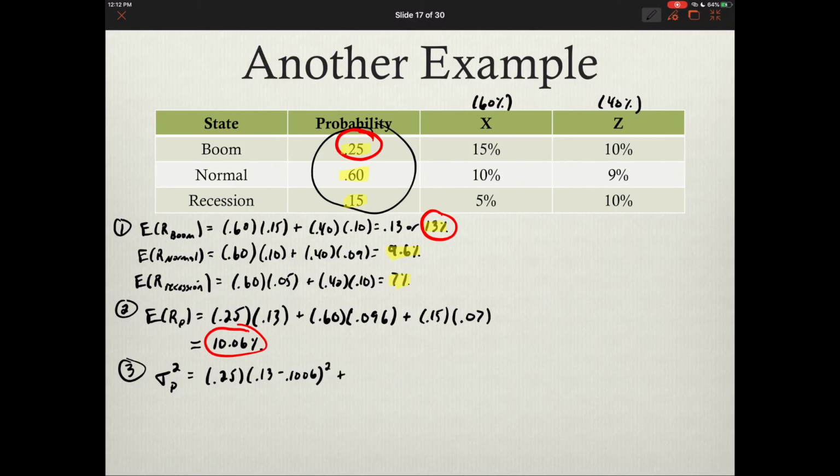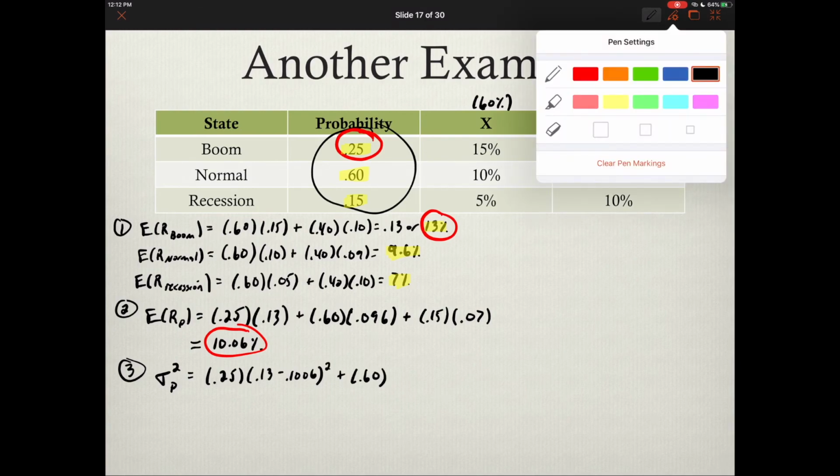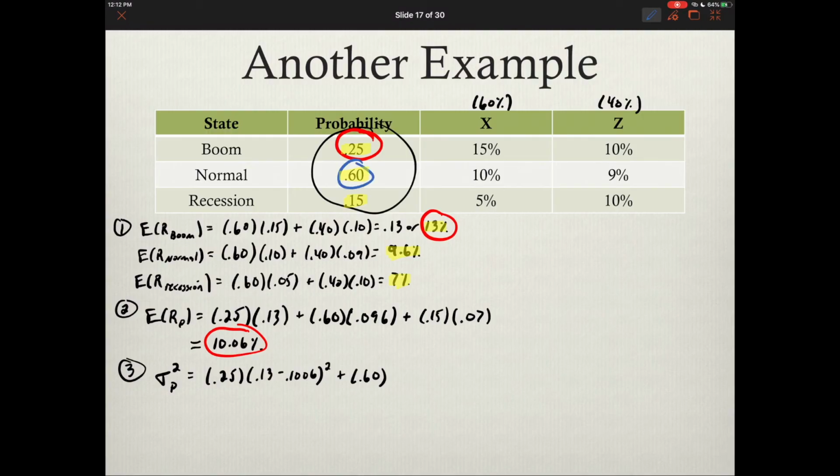Do the same here for a normal economy. So here we have a 60% probability of normal. In a normal economy, the portfolio has a 9.6% return. We subtract the expected return of the portfolio as a whole, and we square that difference. So we have 0.096 minus 0.1006. Square that difference, and then we do the same thing for a recession.